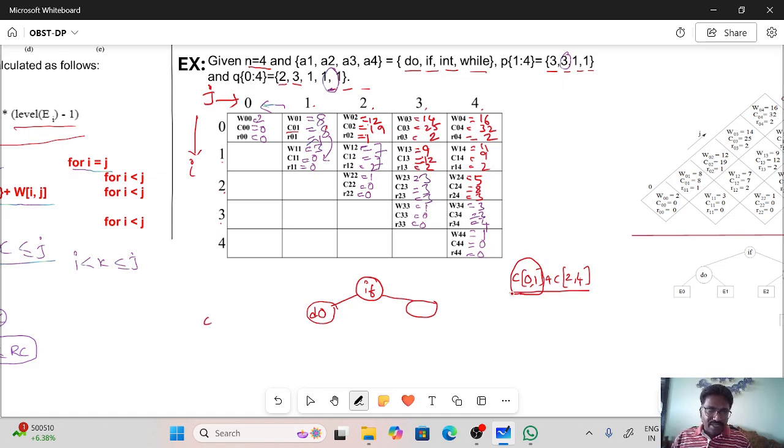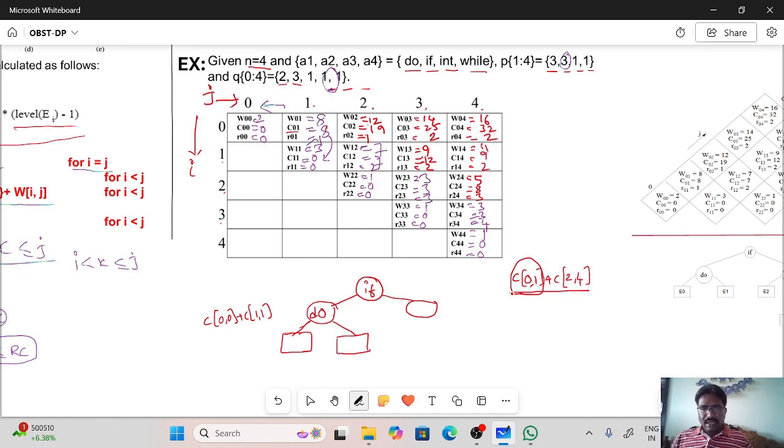What about my equation? C of 0, 0 plus C of 1, 1. So I traverse towards the left as 0, 0. That is one more node, but that is not a key element, so it is the unsuccessful case. And the right side is 1, 1. 1, 1 is not an element, so that is also an unsuccessful case.